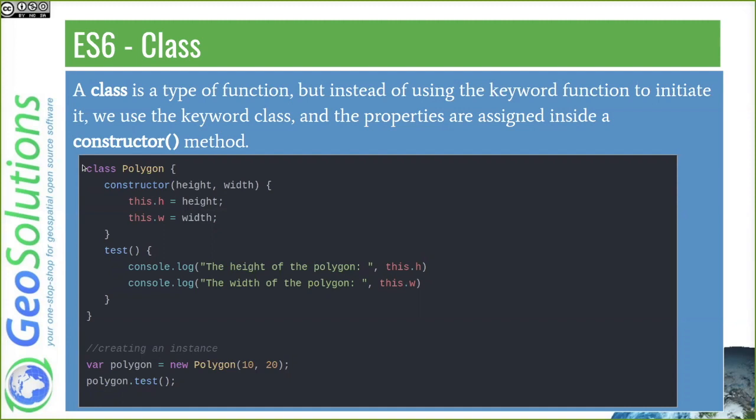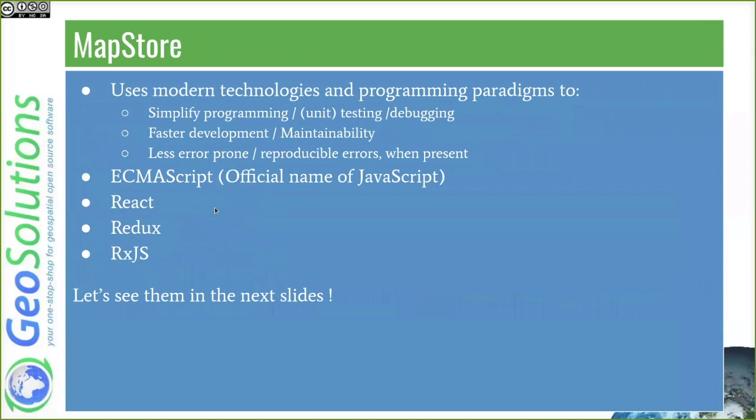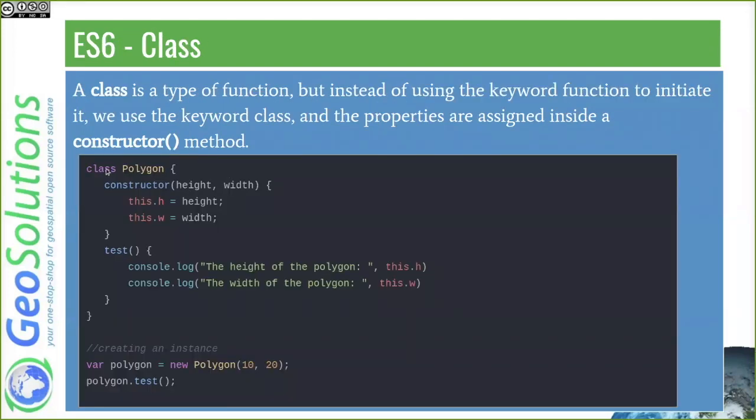The first point of the new syntax, that is often used also by the React library, was used in the first version of React and is going to be abandoned over time for a more functional approach. But you will find, because MapStore started together with React, more or less, so with the first versions, a lot of class-based components in MapStore. So this syntax is important.